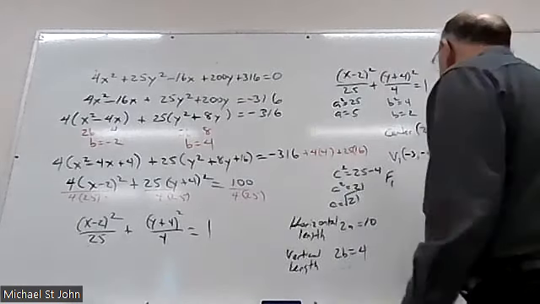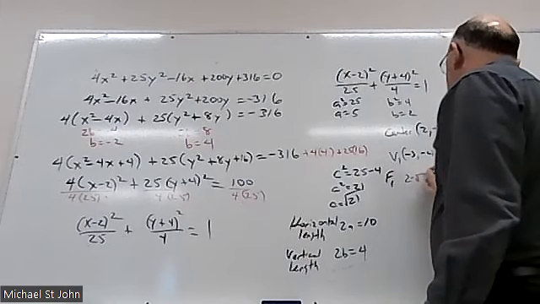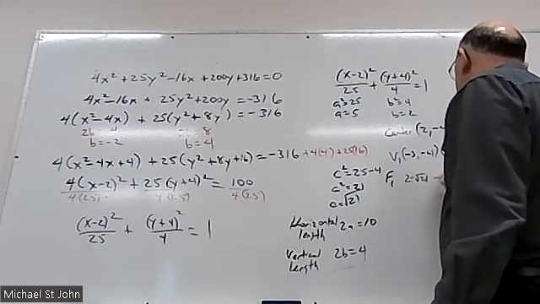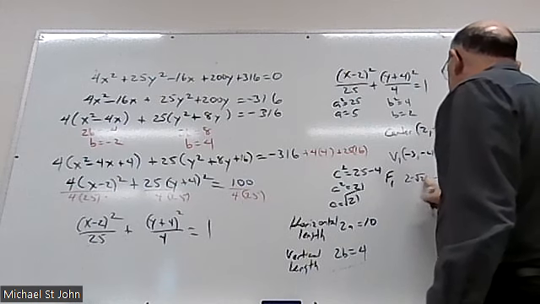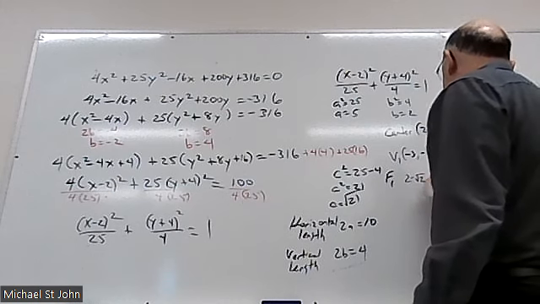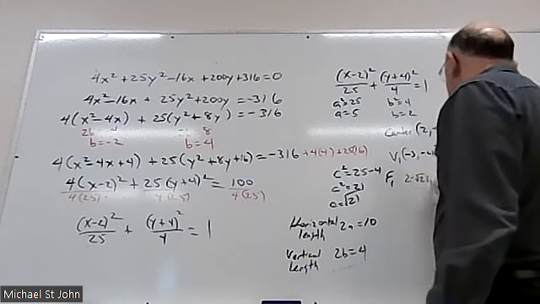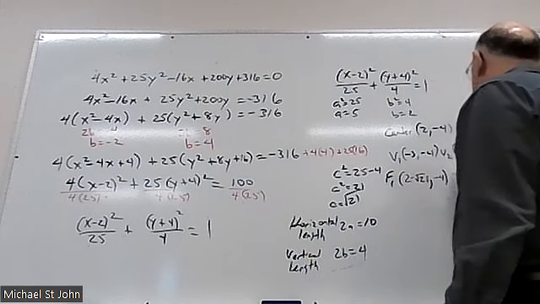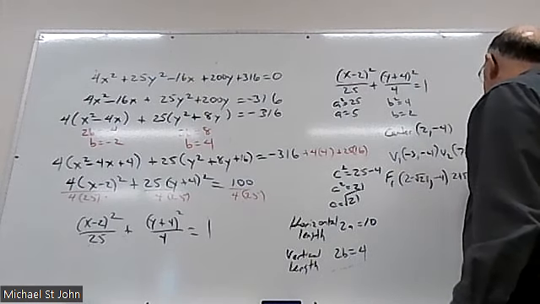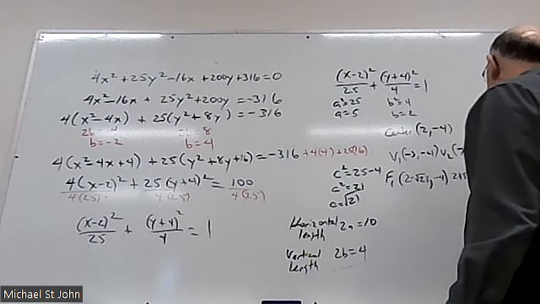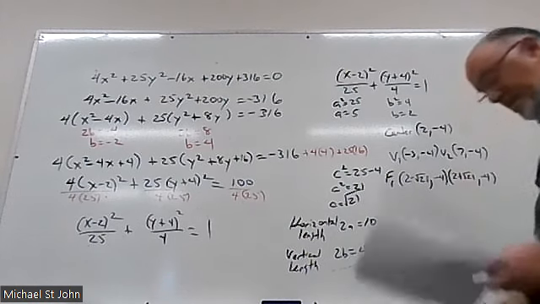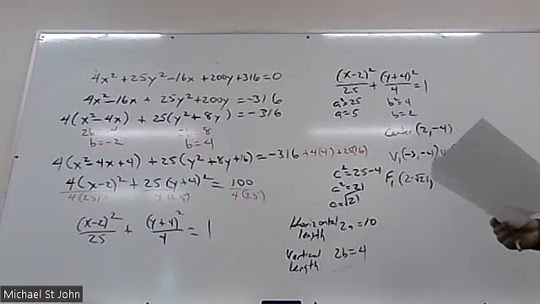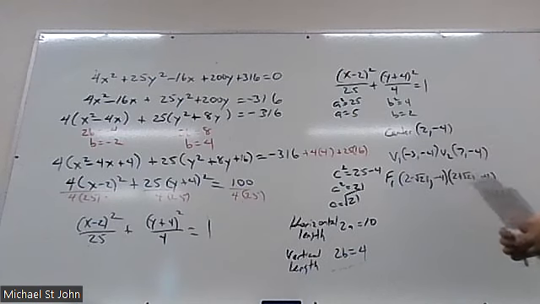So we're going to have 2 minus the square root of 21, -4, and then 2 plus the square root of 21, -4. So that is everything in regards to this equation.